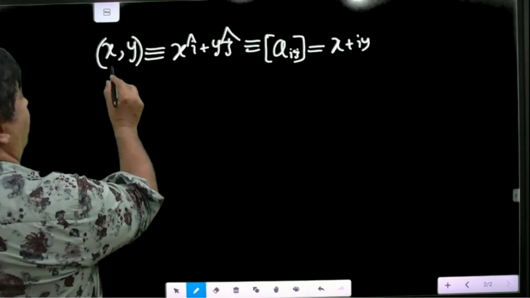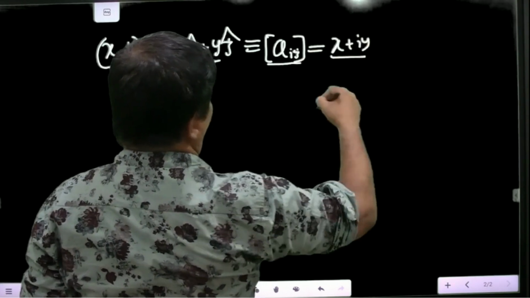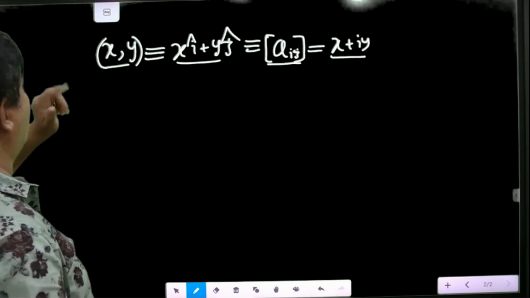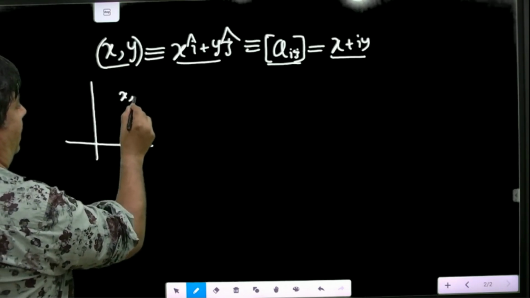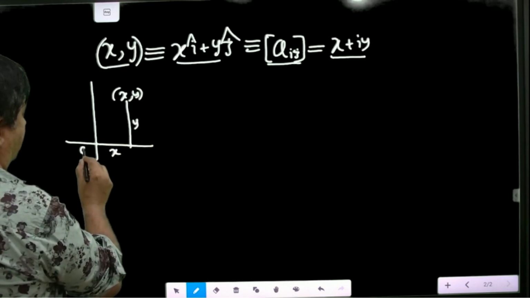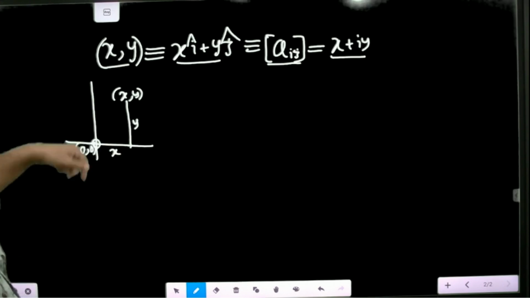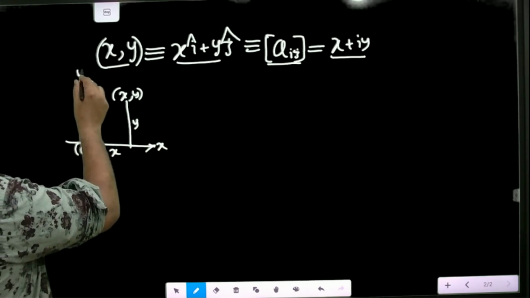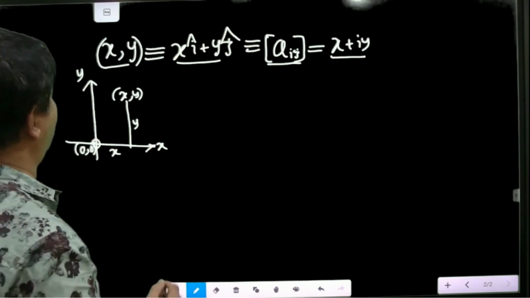So coordinate, vector, matrix, complex number, each a superset of the previous. Now in coordinate geometry, any point is measured with respect to the origin, the junction of the x and y axes. The same thing is done in case of vector.